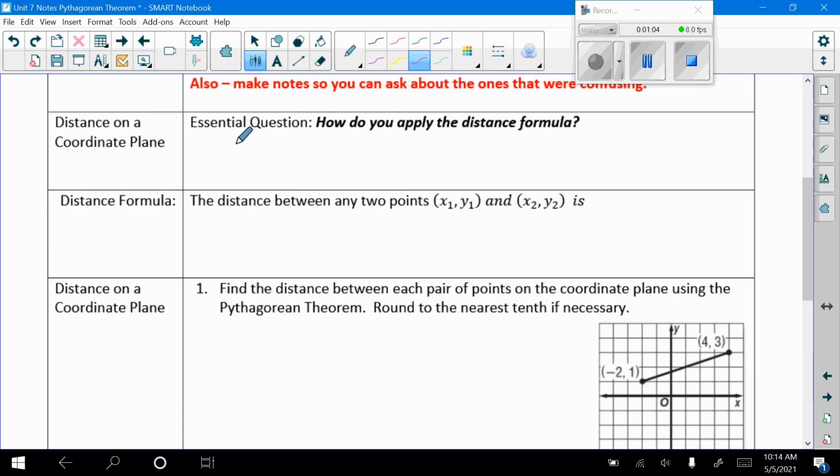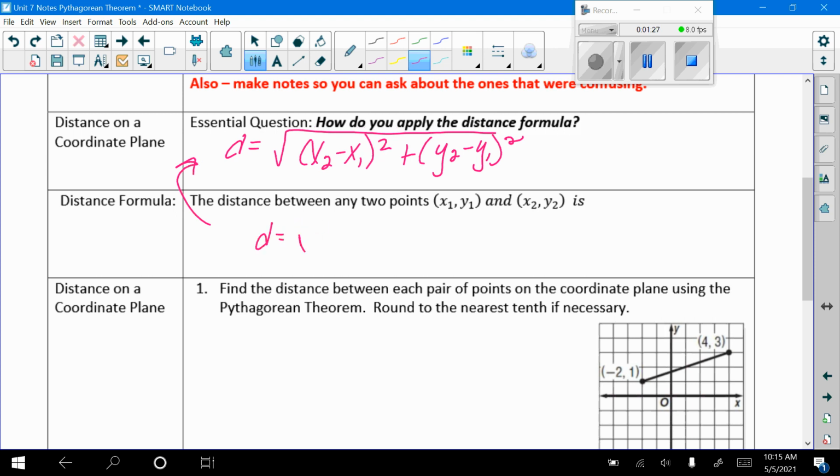We're going to solve for d, which is your distance, and it's going to be the square root of x2 minus x1 squared plus y2 minus y1 squared, which basically is the formula. It's the change.